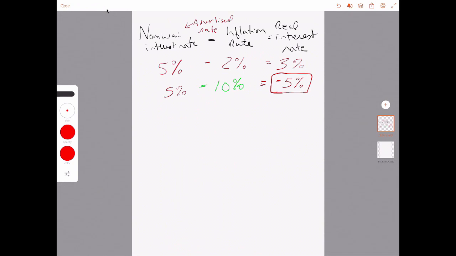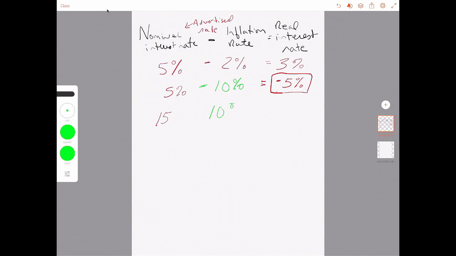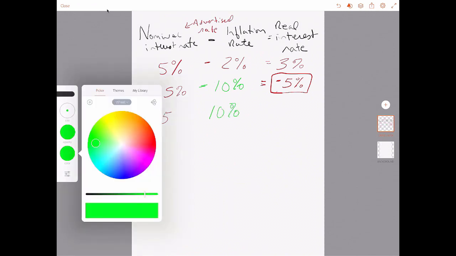But if banks need to lend money to help economies grow and they can't keep up with inflation because inflation is fluctuating wildly, they may just stop lending. That's bad. Or what they might do is make some adjustments. If inflation is 10%, the bank can change its advertised interest rate.